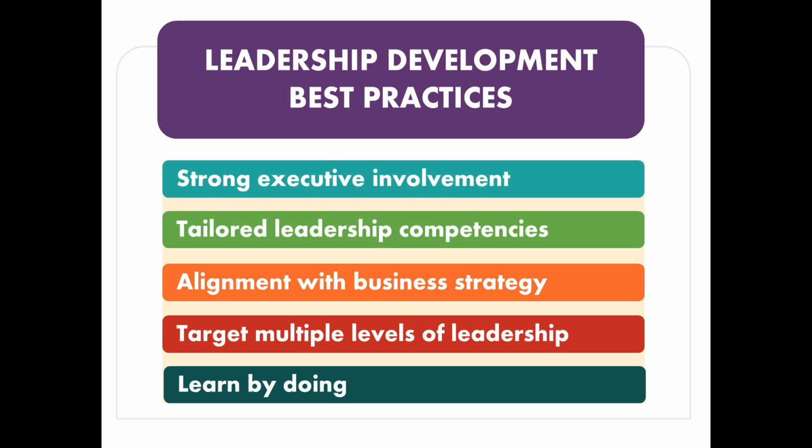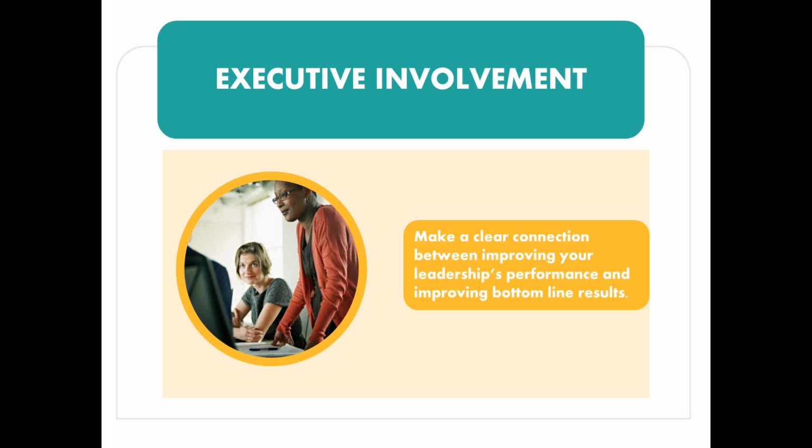And then the last piece: adults, all of us, we learn best by doing, and that's true with leadership programs as well. You have to find ways for people who are in development and building out or enhancing competencies or skills to apply what they're learning so they can test and try some things out.